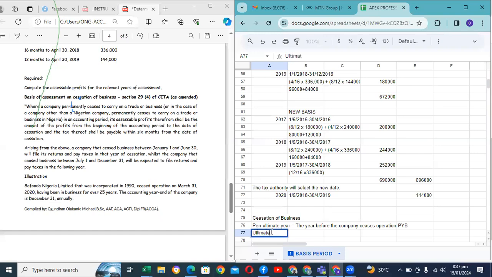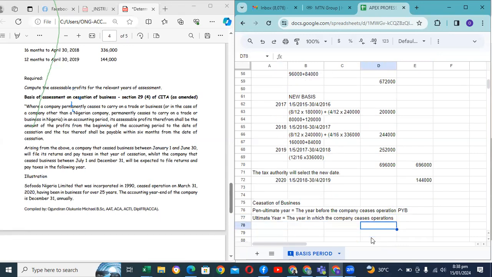Ultimate year, that's the year in which the company ceases operation, Abi? Yes, sir. And now, for the ultimate year, you have to consider 2 things. When did the company cease operation?